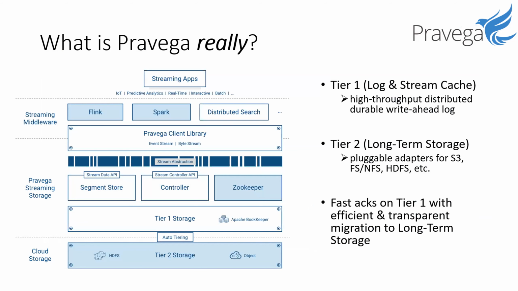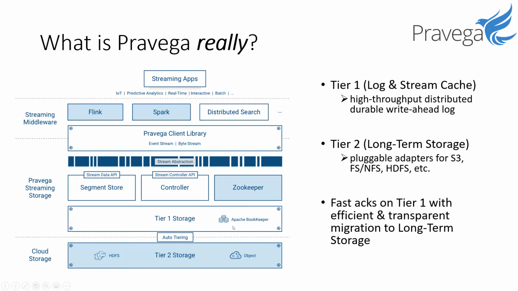So what is Provenca really? This is a more detailed look under the covers. It's a tier 1 persistent log and stream cache. Down here is tier 1 storage, Apache Bookkeeper. We use Bookkeeper as a high throughput, distributed, durable write-ahead log.